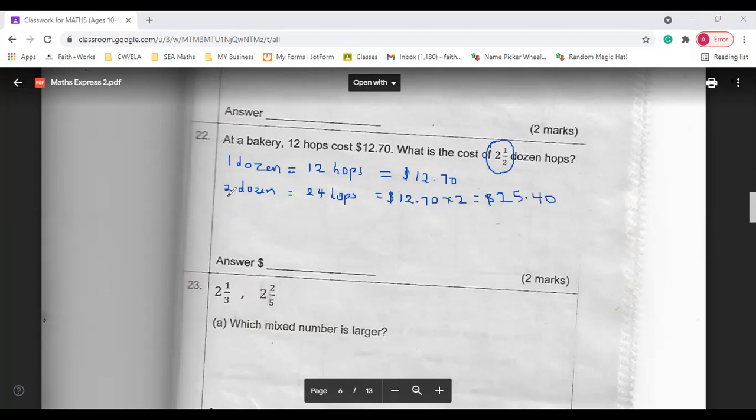All right, half a dozen is half of 12, which is 6 hops. So now we have to add in this amount as well. $12.70 divided by 2, right, is $6.35.